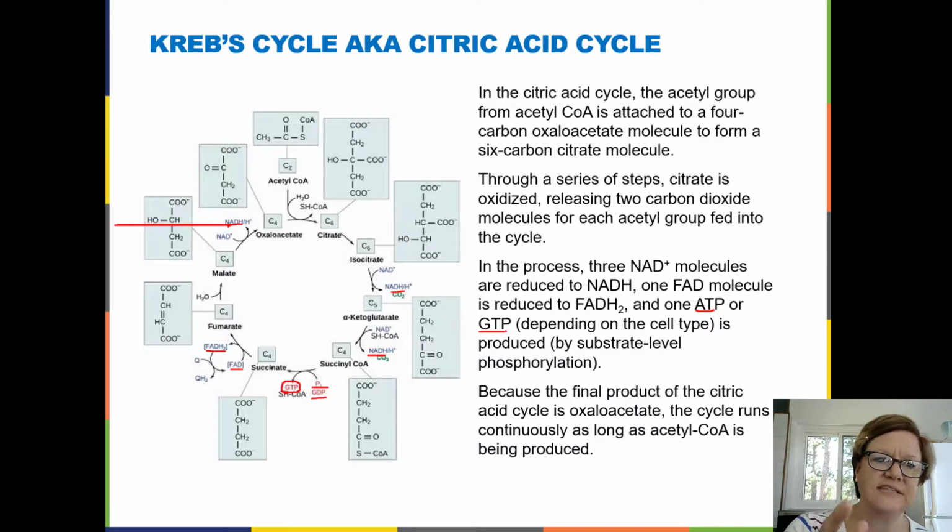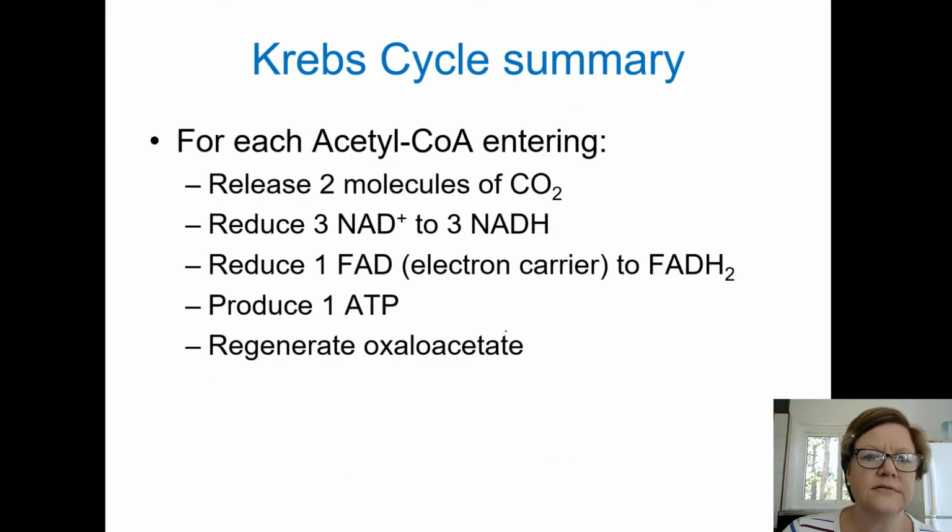All right, but the oxaloacetate is regenerated in the process, so that's the part that keeps circling. We'd say cycling. All right, so here's your summary. For each 1 acetyl-CoA that enters the Krebs cycle, 2 CO2s are produced, 3 NAD pluses are reduced to 3 NADHs, 1 FAD becomes 1 FADH2, and 1 ATP or GTP, but we'll just say ATP, is produced by a direct phosphorylation event.